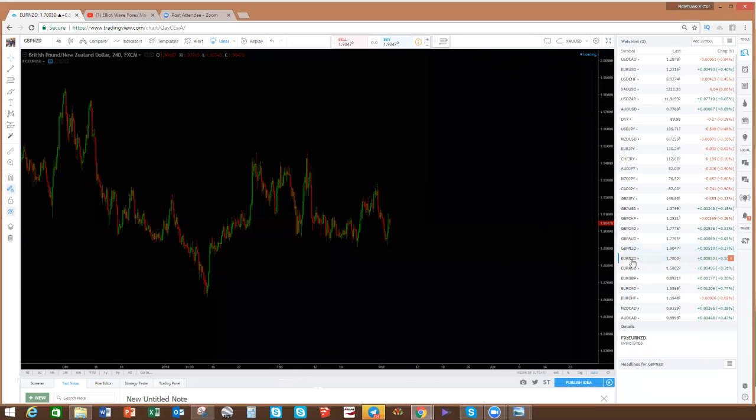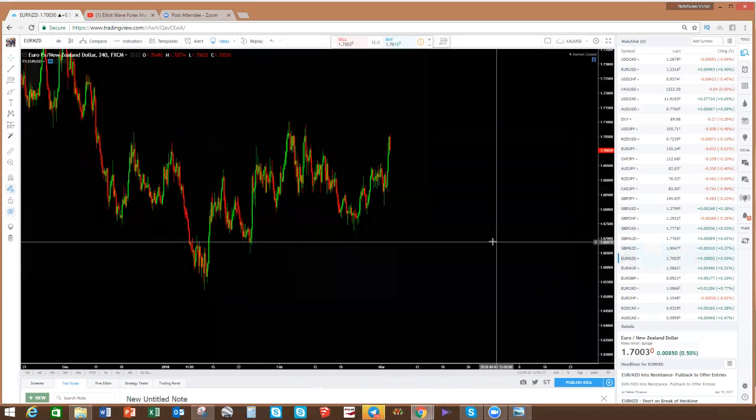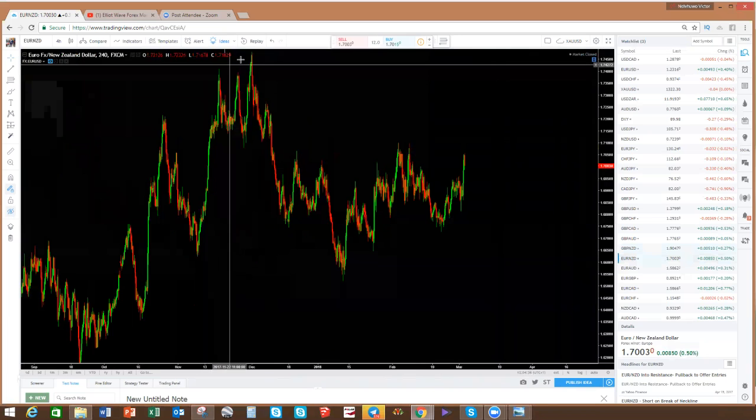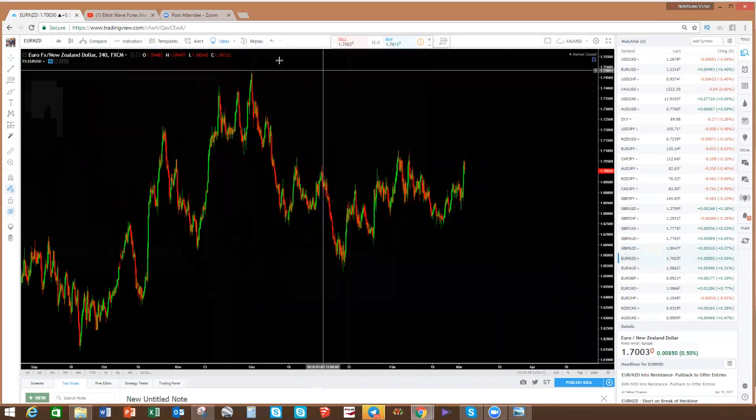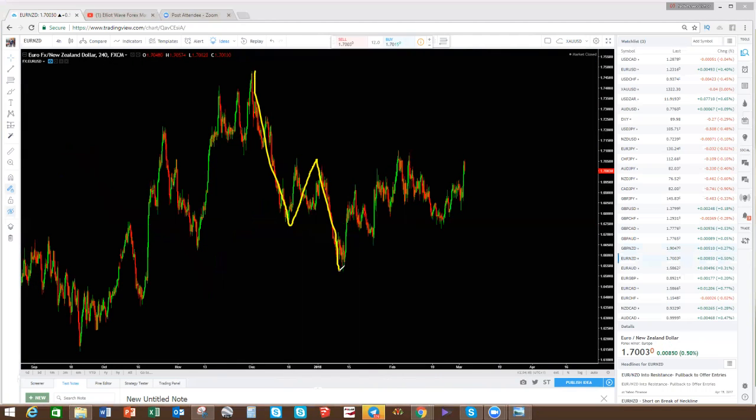Euro New Zealand, we are in this trade on this one. We are 120 pips up. So Euro New Zealand, that is your highest swing high. And that swing high starts with a 1, 2, 3 wave correction. And then here you've got a 1, 2, 3 wave correction.